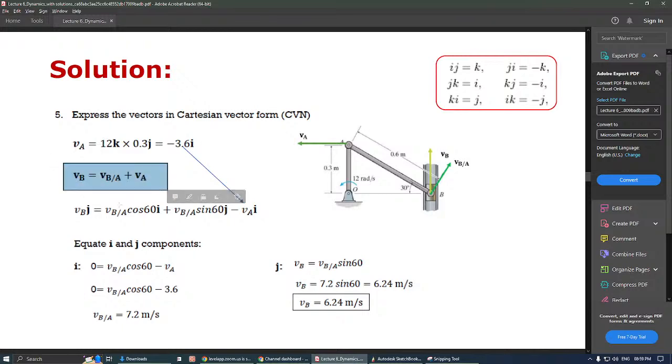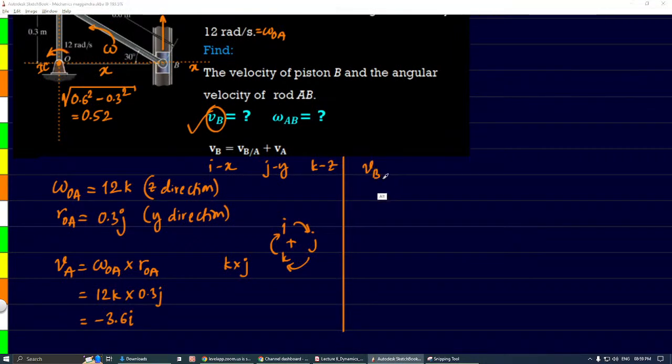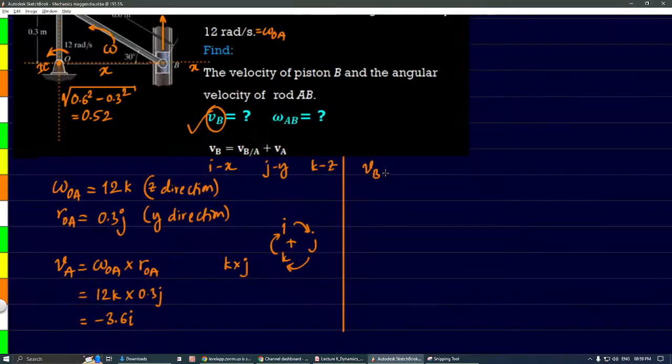Next, we have to take VB. How will we get the VB formula? Let's first write velocity of B with respect to A. B with respect to A will be velocity of B minus velocity of A, right? We are interested in VB, so send this to the other side.